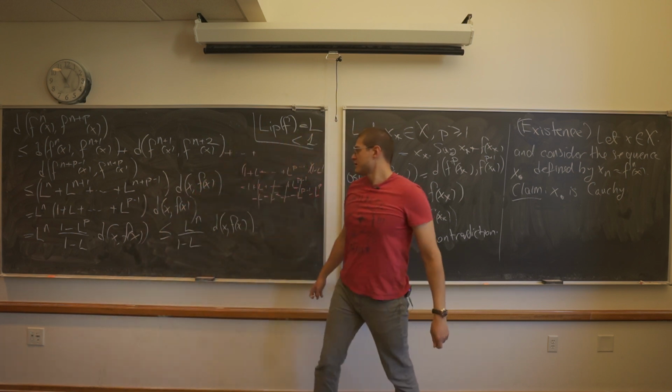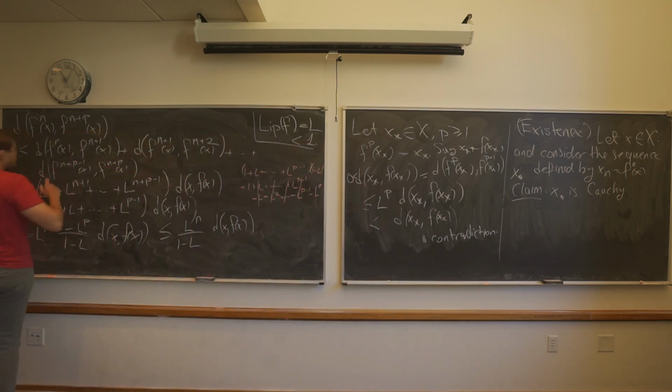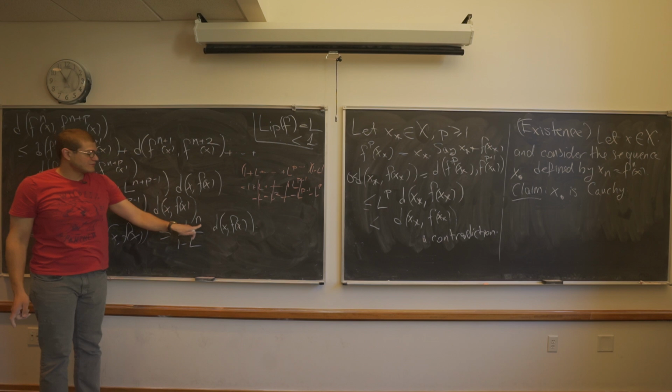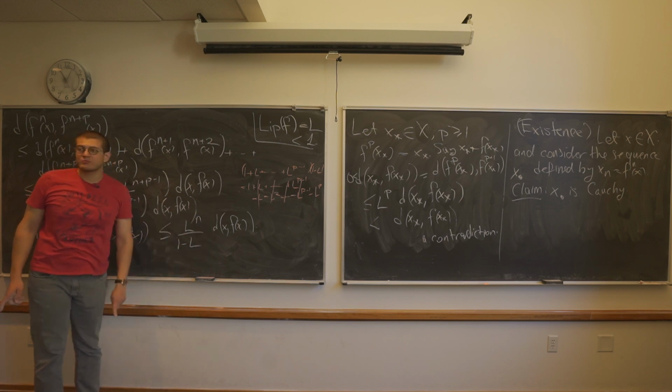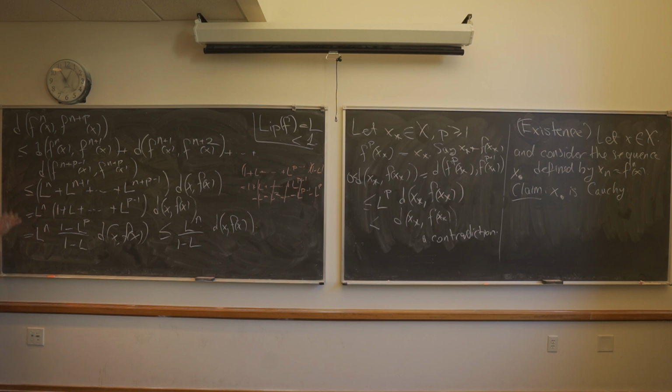So you see, this is an upper bound that depends on n, that decays exponentially fast with n, but that doesn't depend on p. Which means that this is indeed Cauchy. Okay.